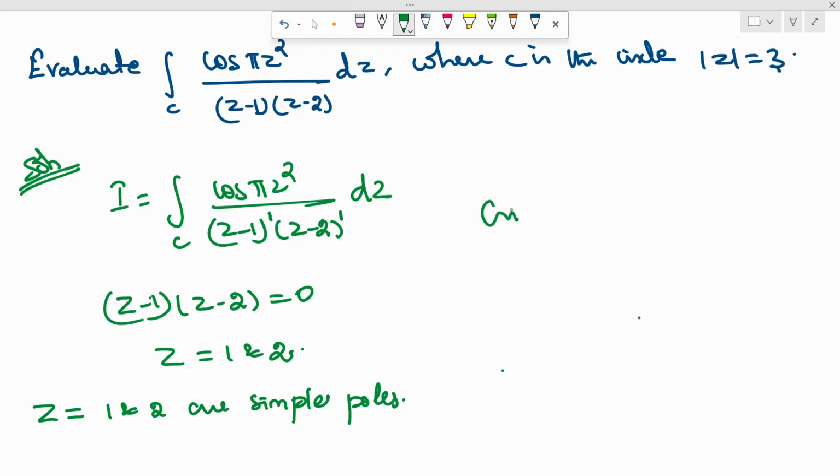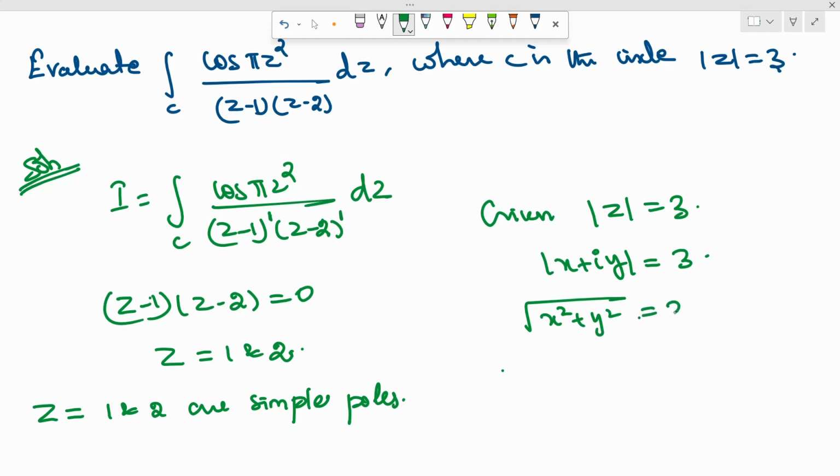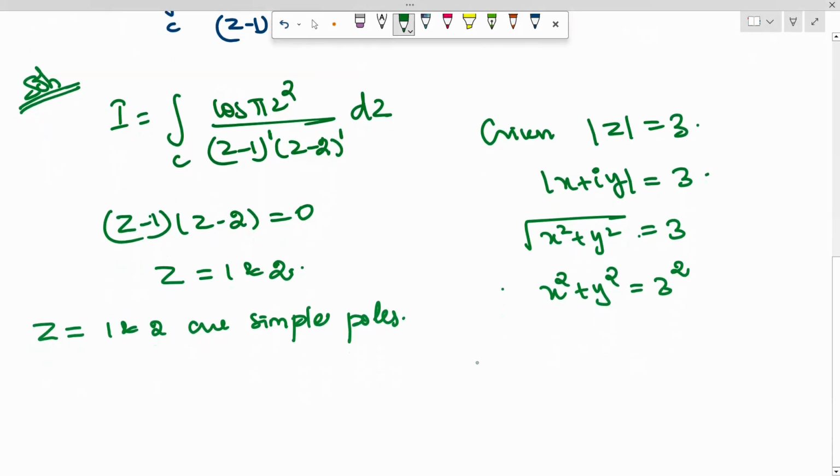And then draw the diagram for the given contour. Modulus of z equals 3 means x plus iy has modulus 3. Removing the modulus, root of x² + y² is equal to 3. Taking the square root on both sides, we get x² + y² = 3², which is in the form of a circle.